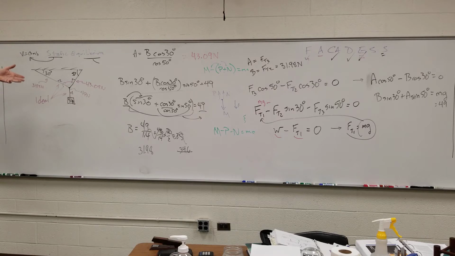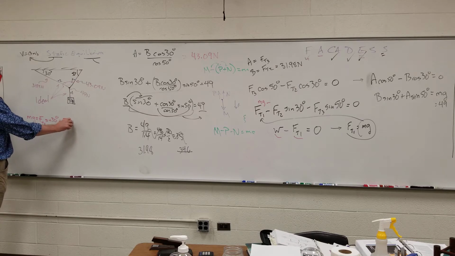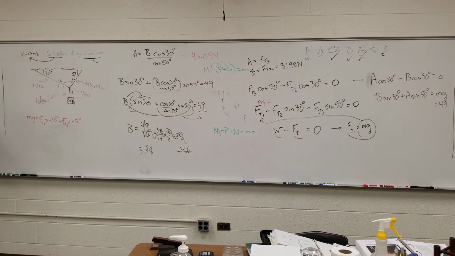It's attached by a negative sign, so I add. So I'm left with mg equals tension 2 sine 30 degrees plus tension 3 sine 50 degrees. And then when I wrote it over there, I just wrote this side first and then that side.